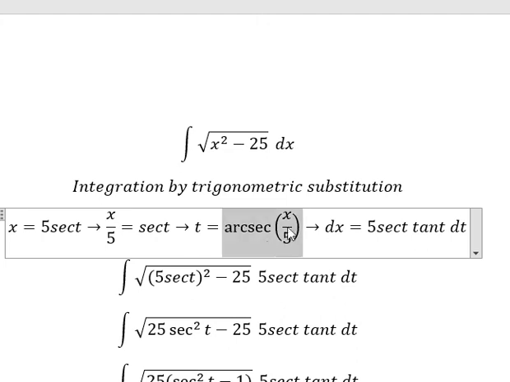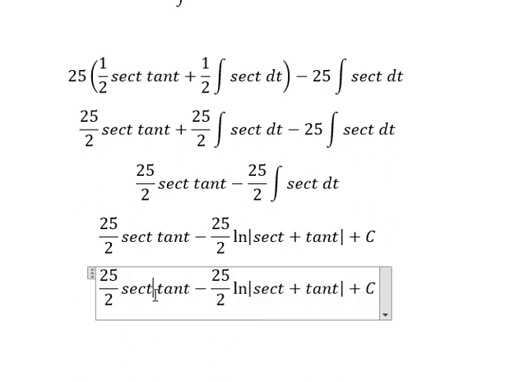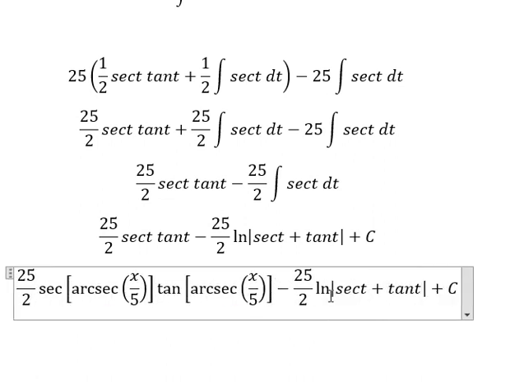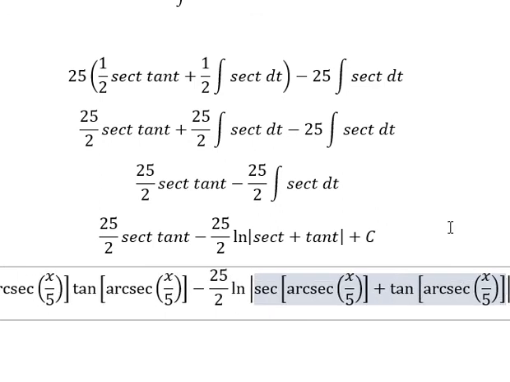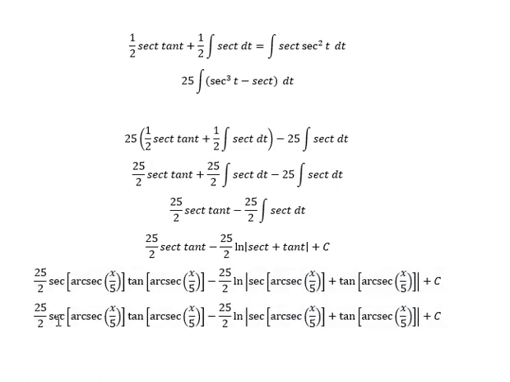So I will put this one to change for t. So secant with arcsecant, we have s over 5.